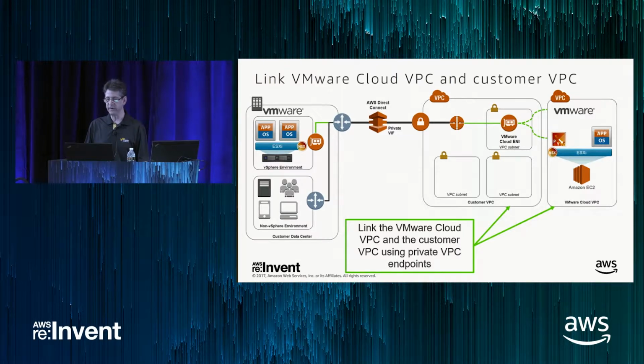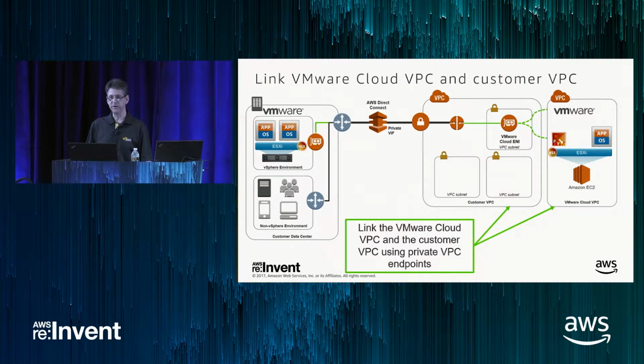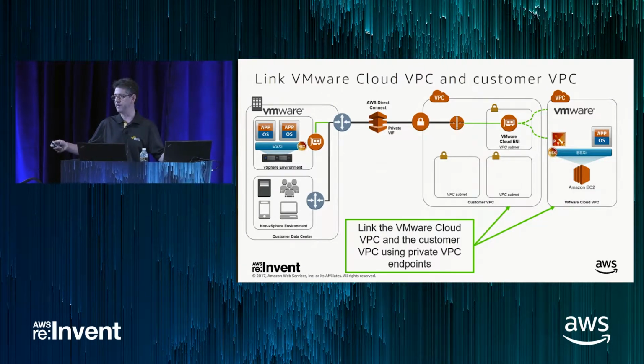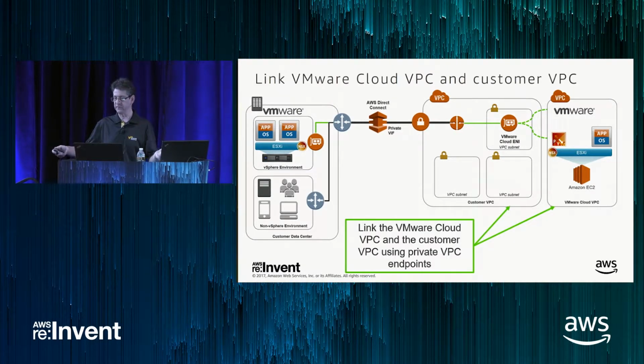What we're doing is using a VMware Cloud ENI, which allows 2 ends of an ENI that span accounts, that span the VMware account and the VMware VPC with the Amazon account and the Amazon VPC. We have an ENI that lives in both worlds, and that becomes the basis for interconnectivity between VMware Cloud and the AWS customer VPC.